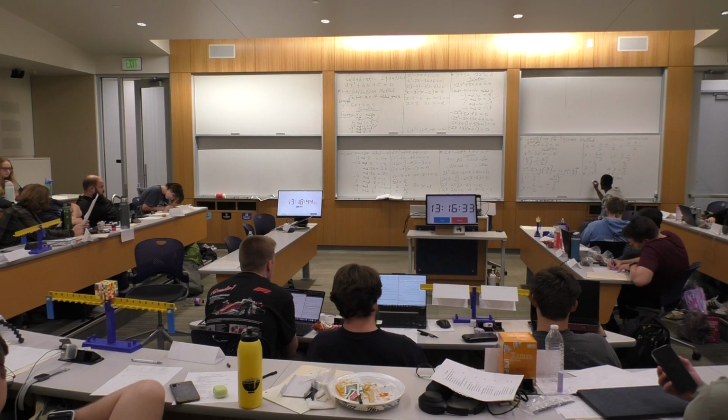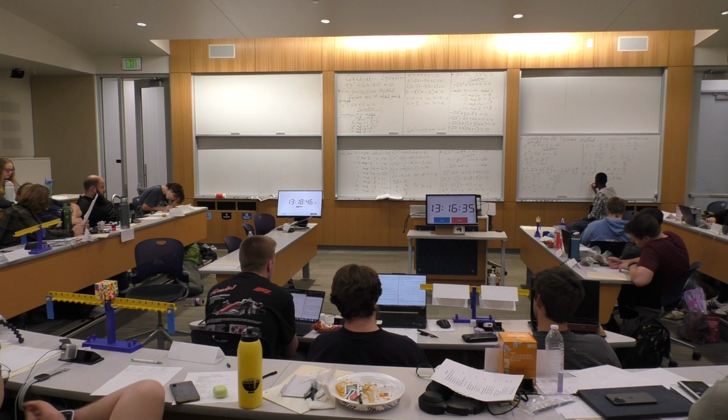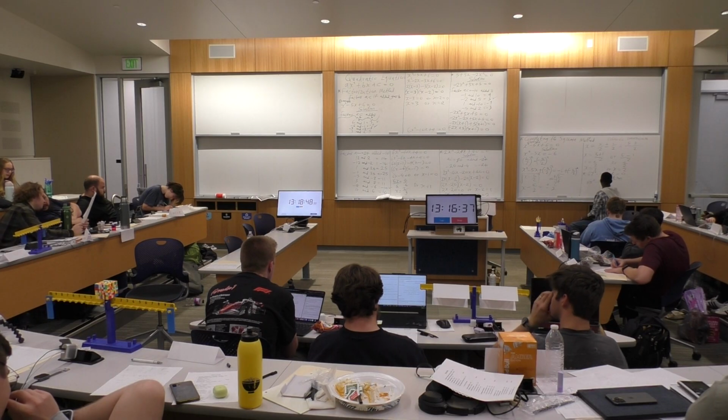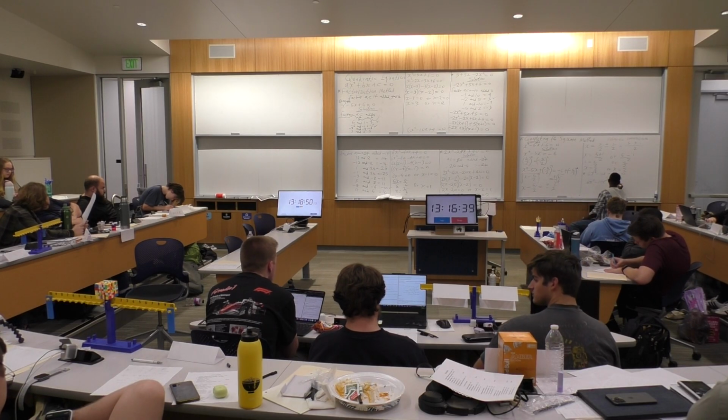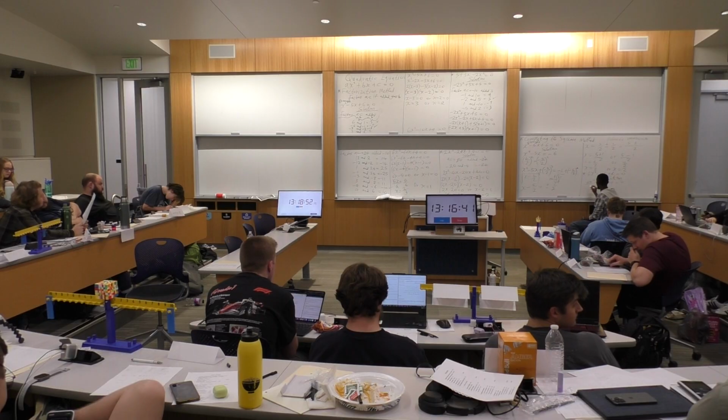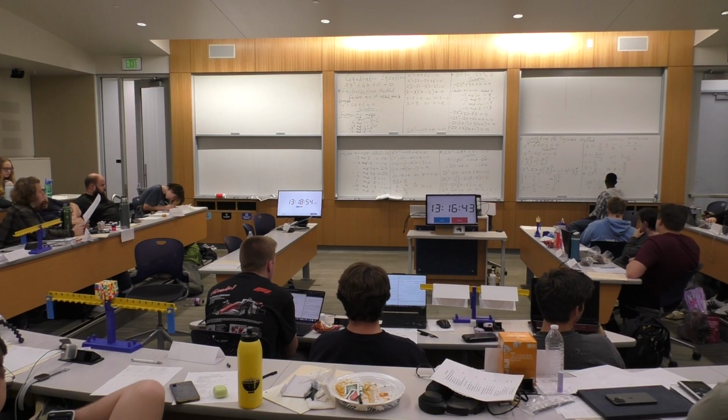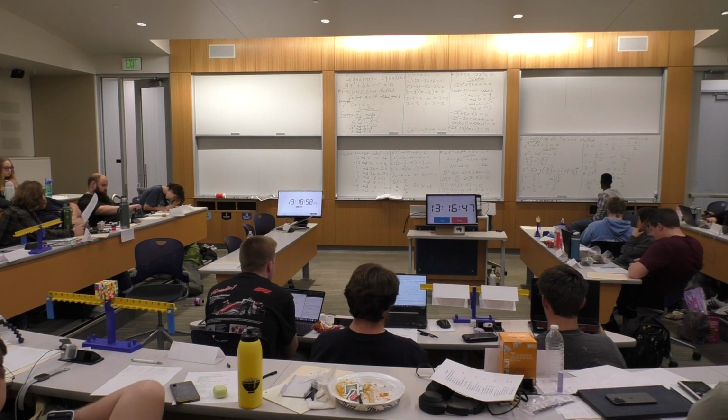So if you divide through by 6, you have 6x squared minus 10x plus 4 equals 0. This divided by 6, this divided by 6, this divided by 6, this divided by 6. This cancels.